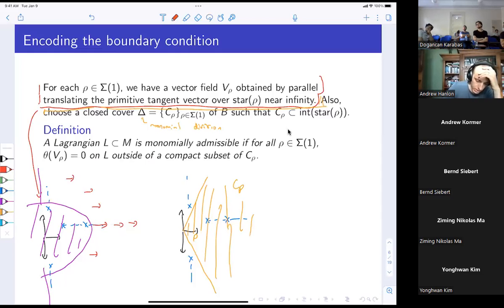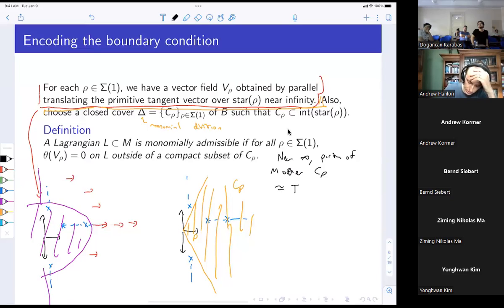So what this theta is, okay, well, near infinity, the portion of M over C row can be identified with T star of C row mod a lattice. And here I have coordinates B, theta.